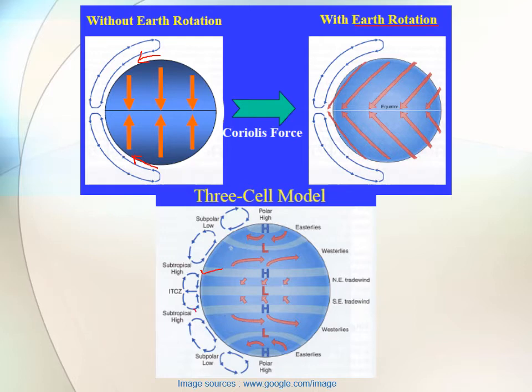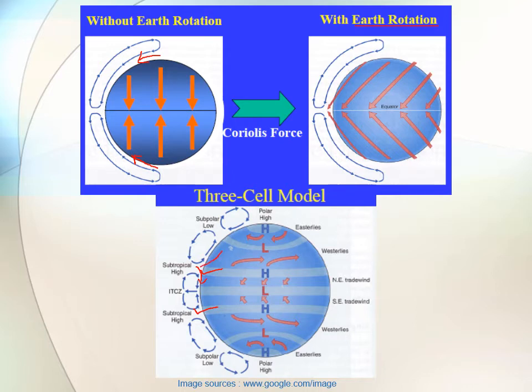in both hemispheres. Now this subsiding or sinking air, when it reaches the ground surface, divides into two parts. One part moves towards the polar region as surface wind, and another part moves towards the equatorial region as surface wind.